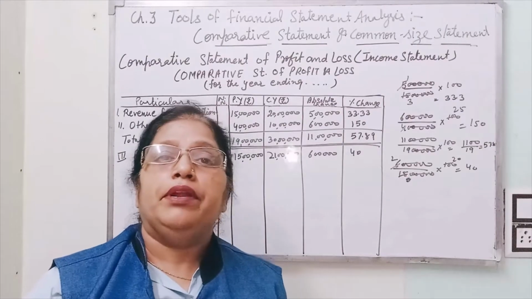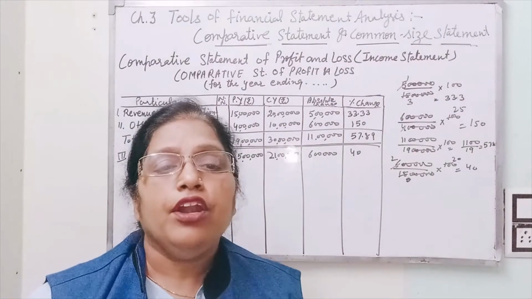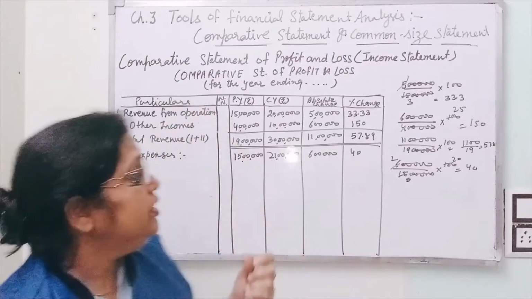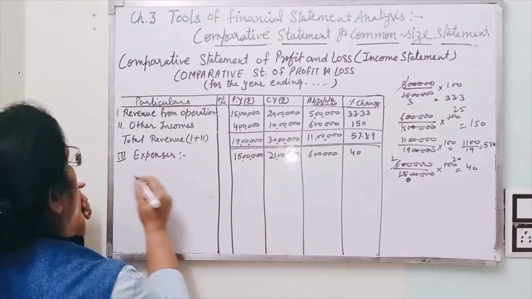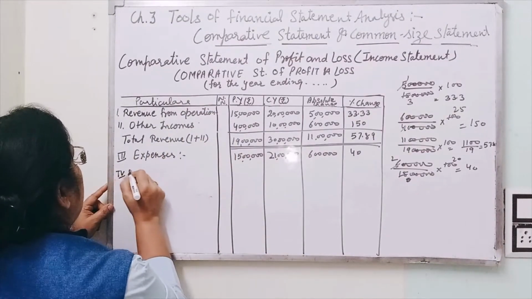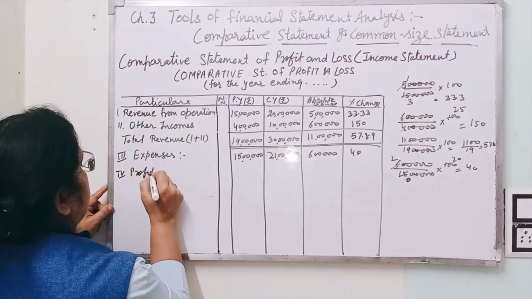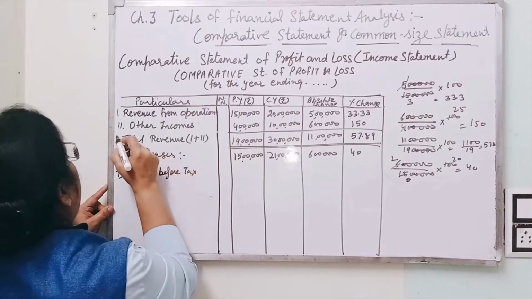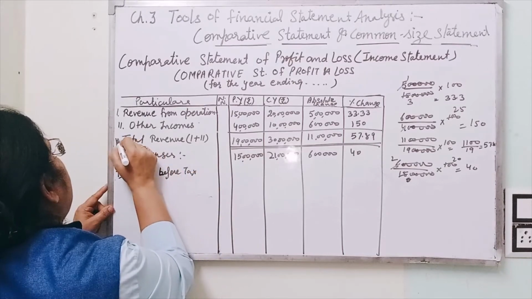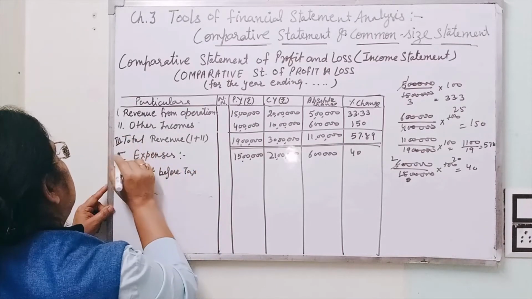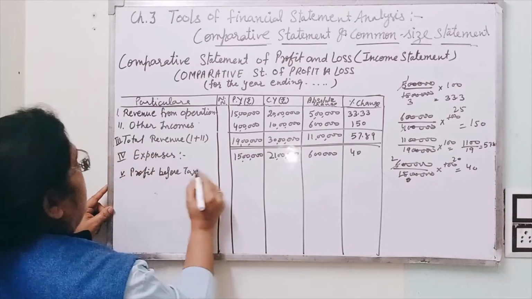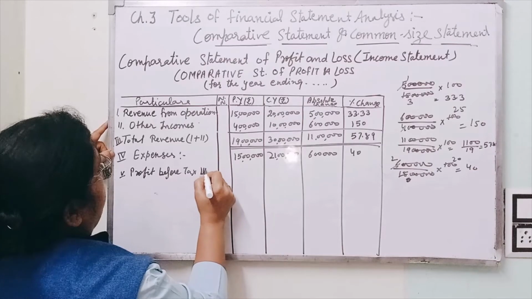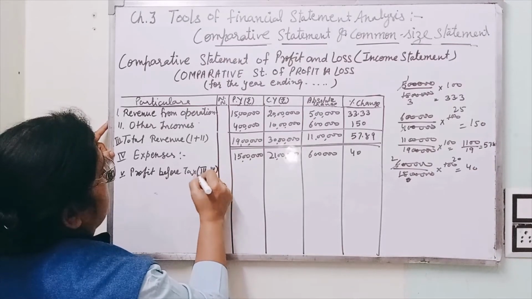Now after completing a question, you have rate of income tax, that is 50%. It means what can we calculate from here? Fourth point is profit before tax. That is profit before tax is total revenue minus expenses.